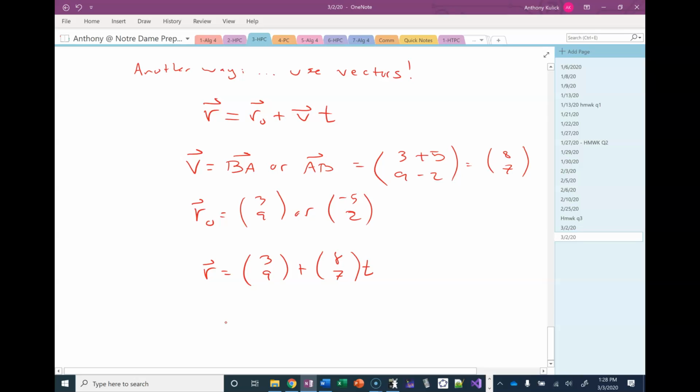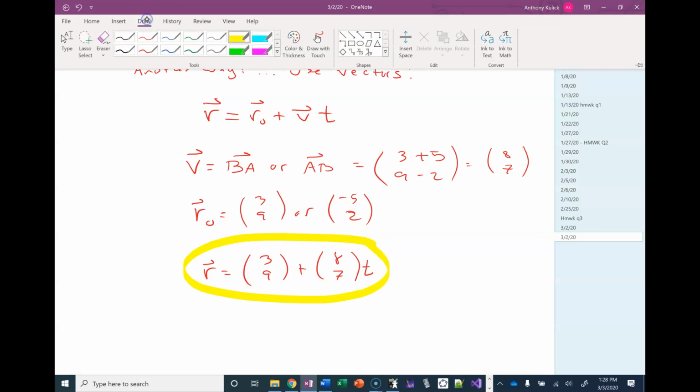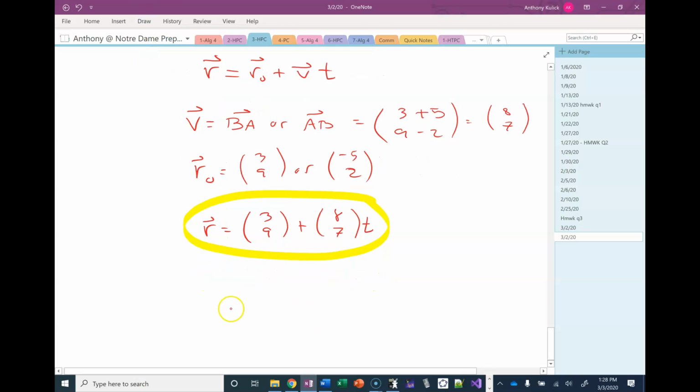So, this vector equation for a line is ostensibly the same as our parametric equation. So what is my x equation going to be? What do you guys think?